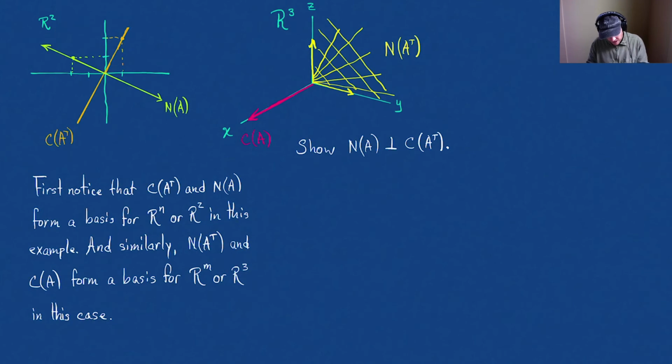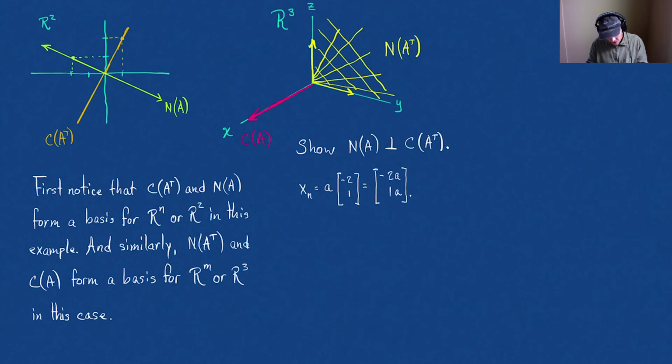Well, let's just take anything in the null space of A. The null space of A was defined by the vector x null, which is some scalar a times minus 2, 1. So in other words, the null space is the line of minus 2a, 1a.